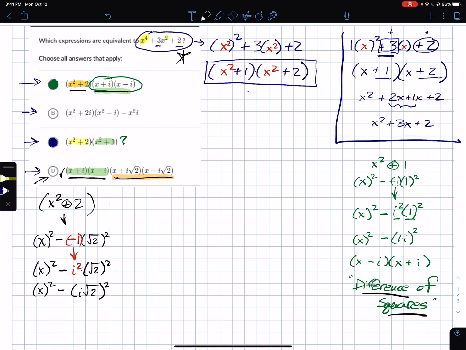Just pull that i into the root 2 layer there multiplicatively and have that collectively squared. So now I could rewrite this as a difference of squares factor pattern: x minus i root 2 times x plus i root 2. Okay, so we've done it. And I know it's in a different order again, but multiplication, we can commute the order. So we've confirmed that D is another way of writing this out.